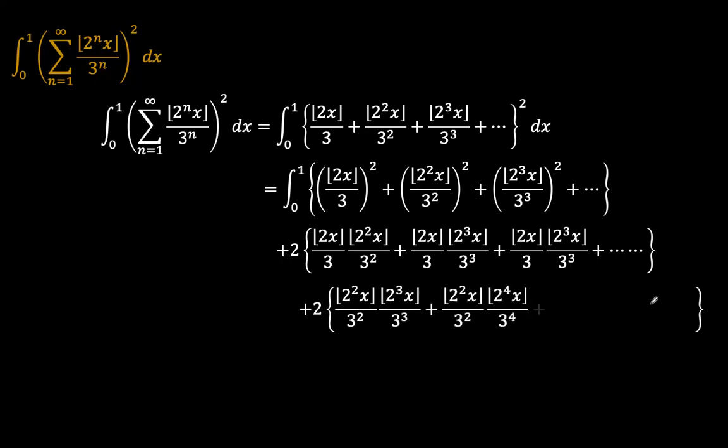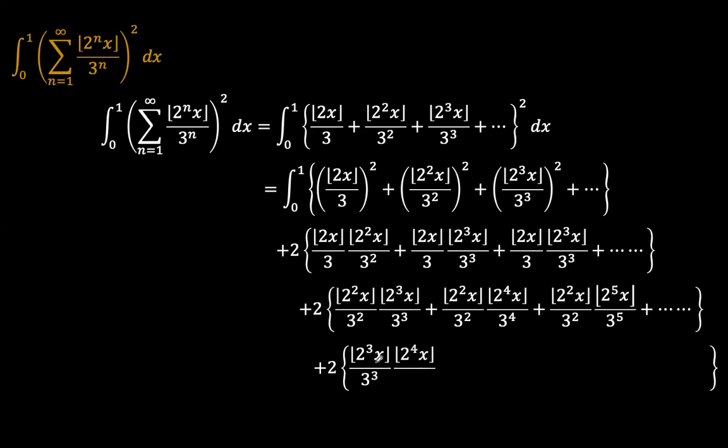Since we've already accounted for the floor function of 2x and 2 to the power 2 x, we won't repeat that. So we'll begin from 2 squared x, and then we go times the floor function of 2 to the power 3 x, and so on and so on. And when we go to the next level, plus 2, the floor function of 2 to the power 3 x with the next higher value, 2 to the power 4 x, and so on.